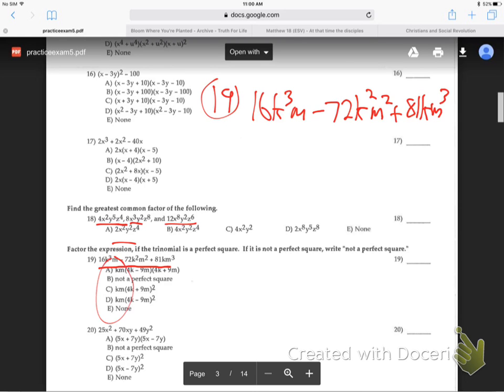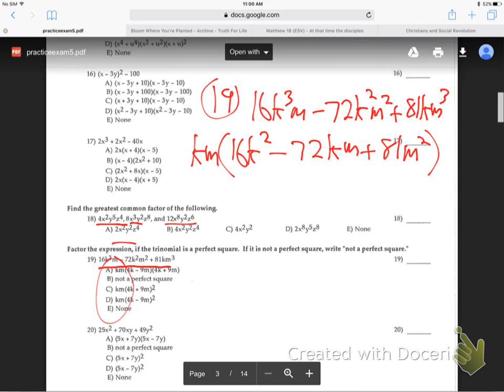Okay, any GCFs? What are they taking to the front? KM. See how that helps? Multiple choice is great. All right, what does that leave? 16k squared, 72km plus 81m squared, huh? That good so far? See how I'm doing all that?